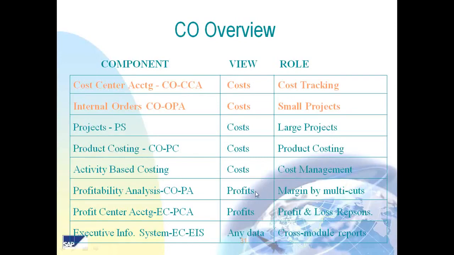The main focus is on profits, based on the marginal contribution. Profit center accounting is again based on profits, that is profit and loss responsible areas, so we can make each profit center a responsible area. Executive information systems let us maintain any data, that is cross module reports, so more than one module can maintain the data here.